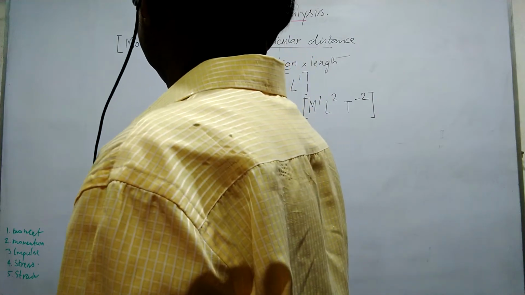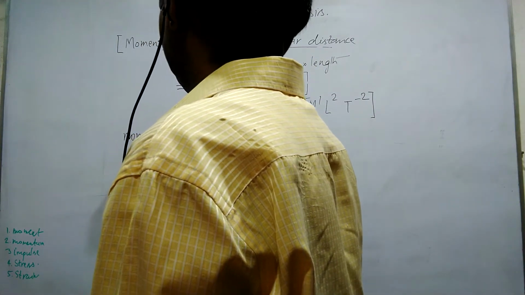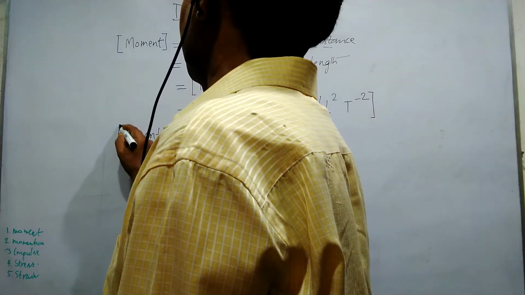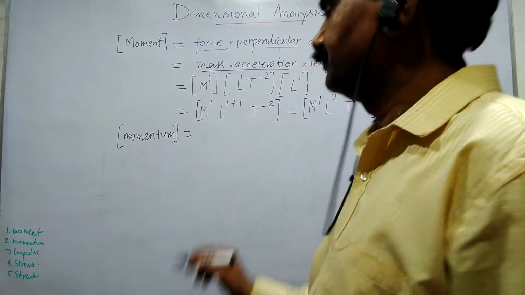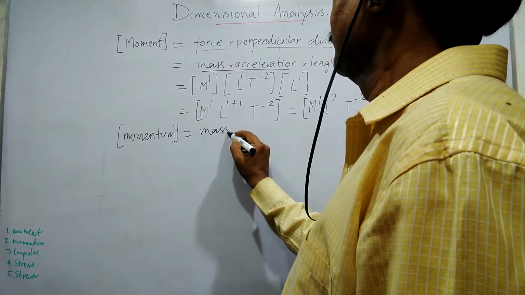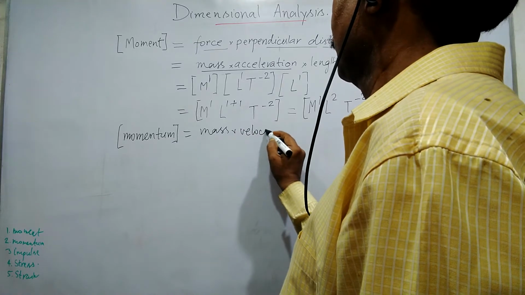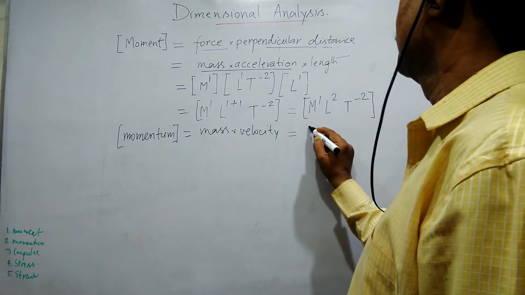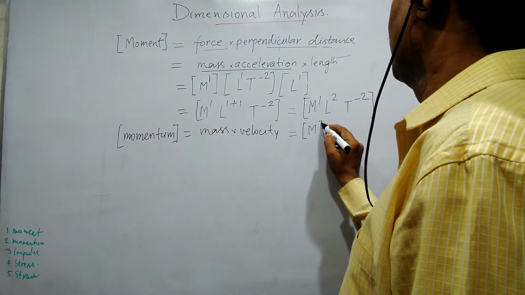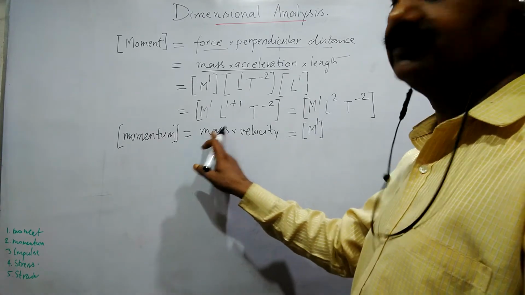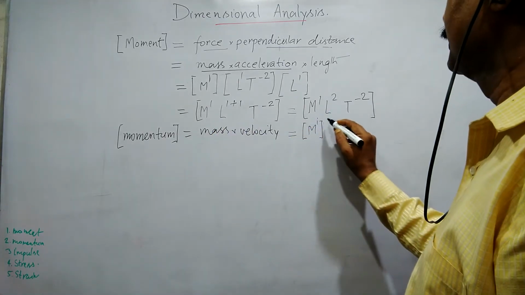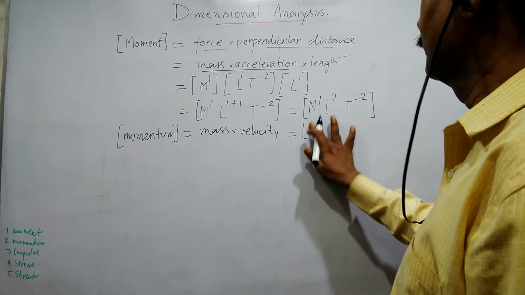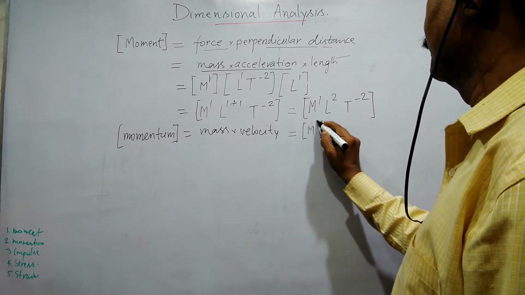Now try to write the dimensional formula of momentum. How do we define momentum? Momentum is mass into velocity. All of you know this definition. Then what is the dimension of mass? M to the power 1.